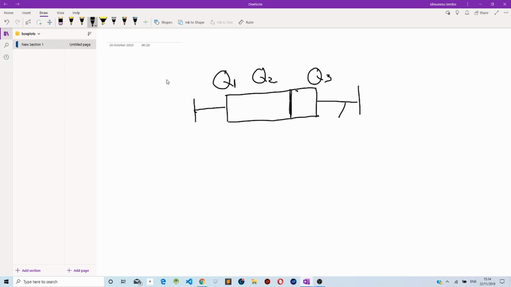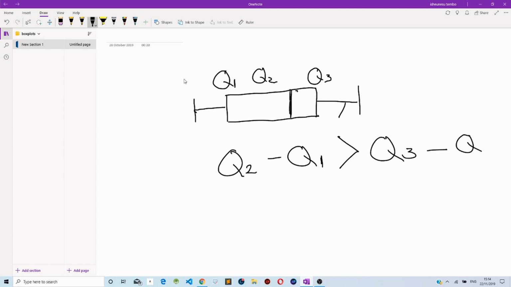So in this case, Q2 minus Q1 is greater than Q3 minus Q2. You can also see that this box at the left side is greater than this box at the right side.